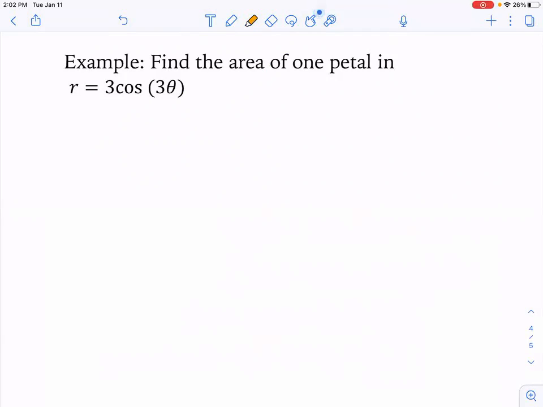Okay. We need to determine where one petal starts and stops. Set it equal to 0. I don't think that 0 is where cosine is 0.